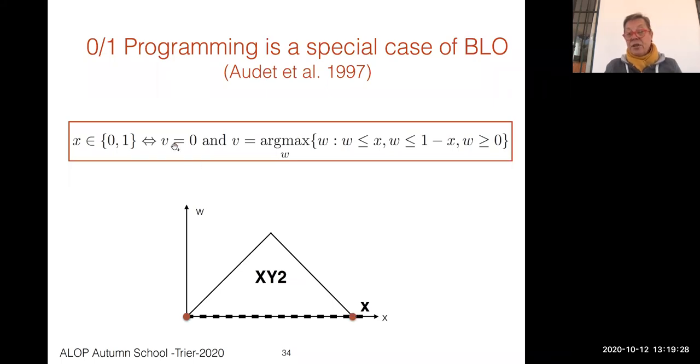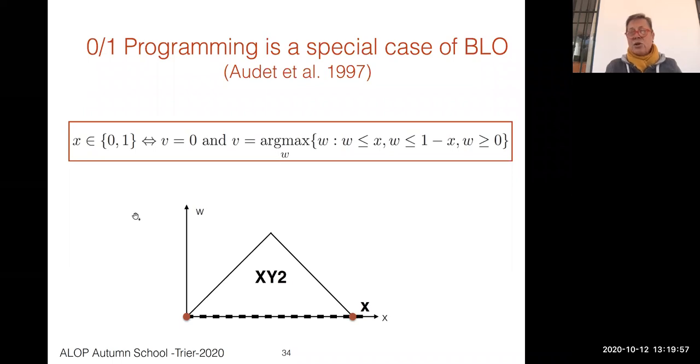But in the first level, you have the constraint that this W must be equal to 0. So the inducible region is the intersection of this kink and this line here, which means that the inducible region is made only of two points, this one and this one, which is exactly the same as saying that X must take value 0 or 1.